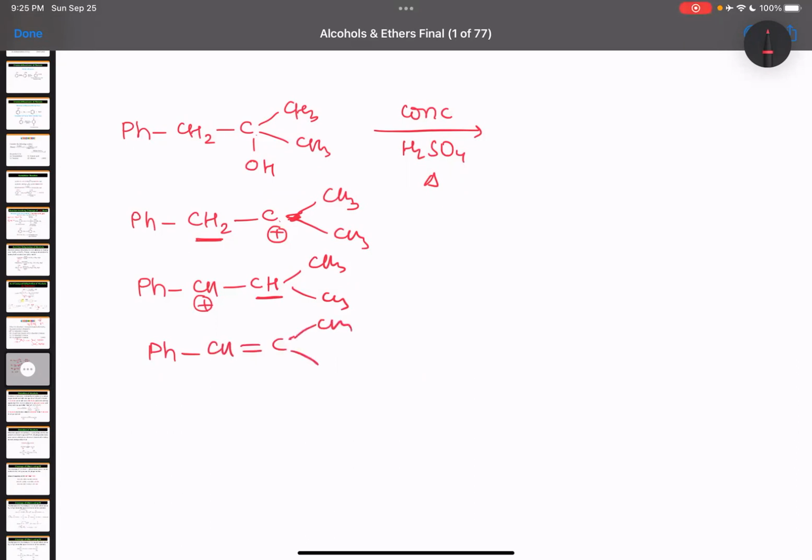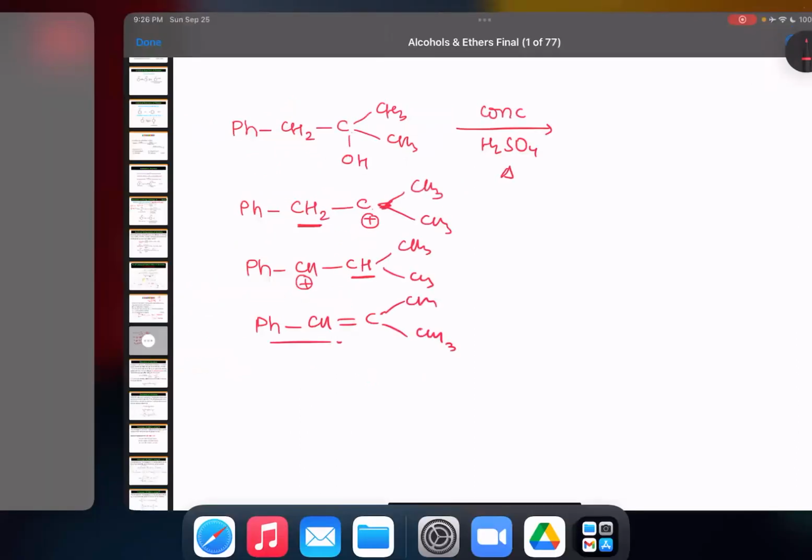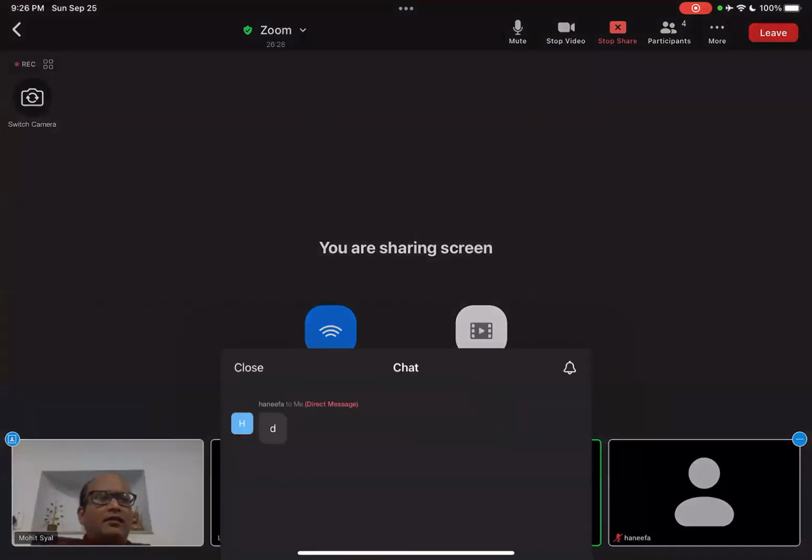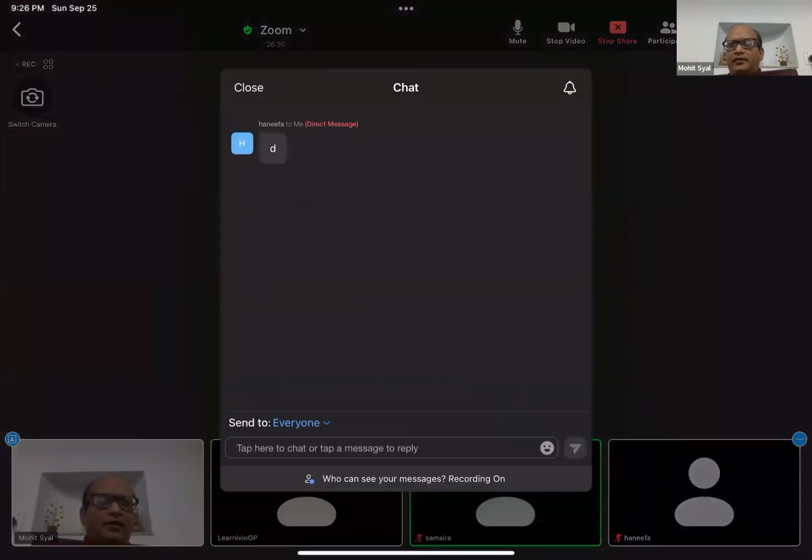And this alkene is very stable. It is branched as well as it is having the stabilization of the benzene ring. Yes. Yes, sir. So I hope that is clear.